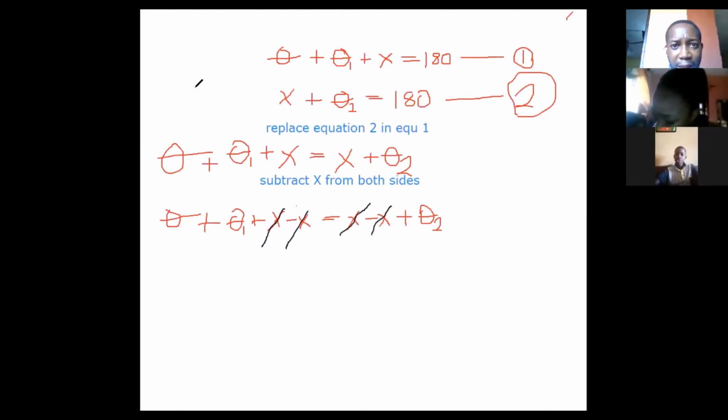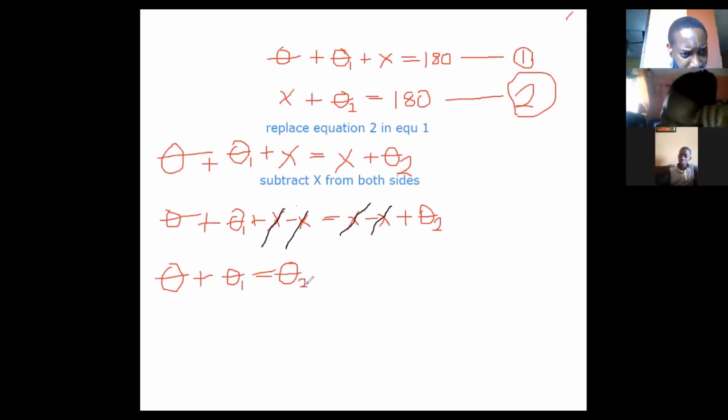And after doing that, I will now have theta plus theta 1 equals theta 2. Right?